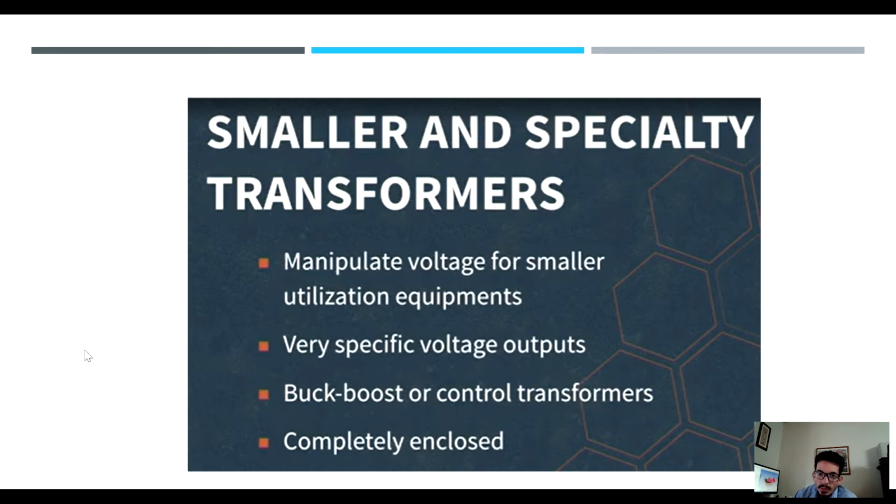So the first thing we want to remember is that transformers are mainly used to manipulate voltages for equipment, for machines, for applications. In some cases, because of the size of the building or its age, sometimes the building is pretty old and the electrical connections are not up to current standards, the voltage is a little less than what is required, and that is very common.